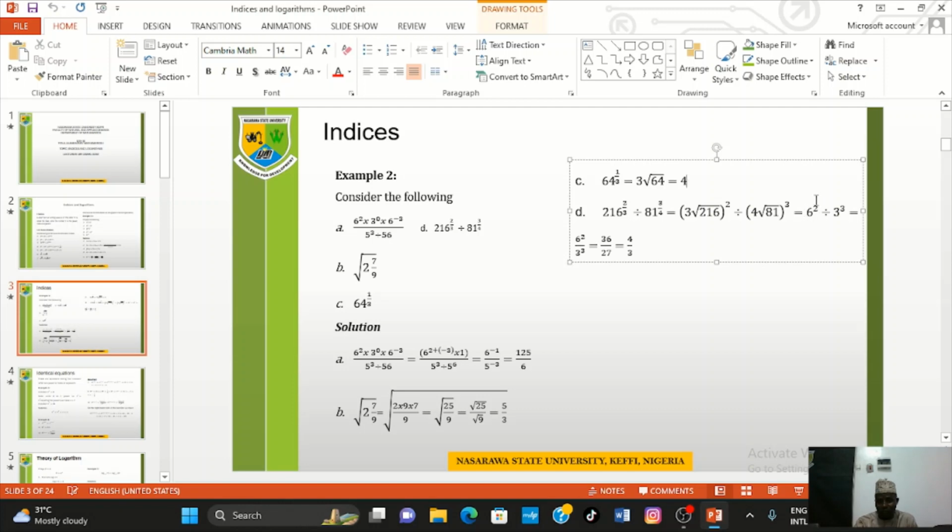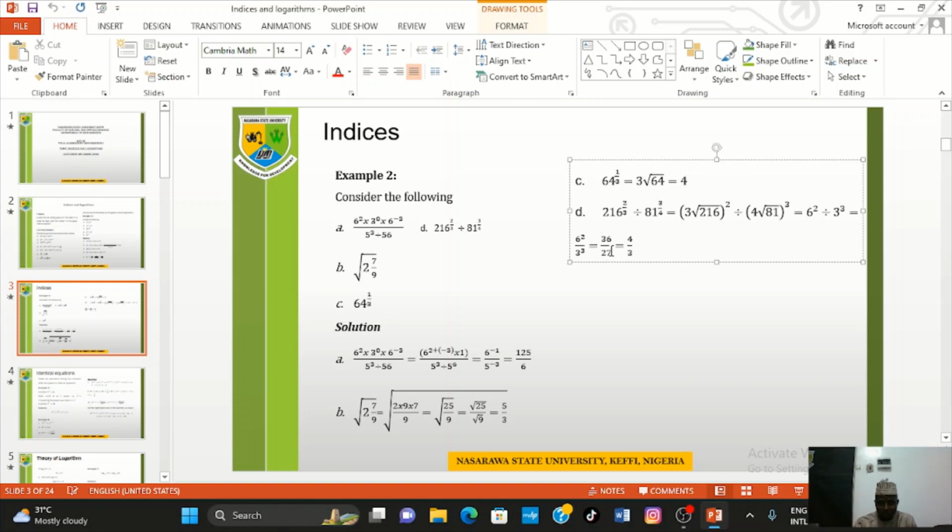So as in 6 raised to the power of 2 divided by 3 raised to the power of 3, this can be transformed to this. When you are dividing, this division sign can be transformed to this. So as well, you raise 6 to the power of 2, which gives us 36. You also raise 3 to the power of 3, which gives us what? 27.